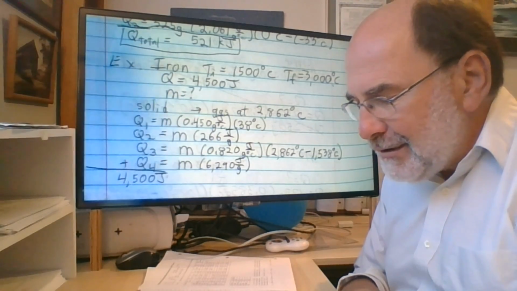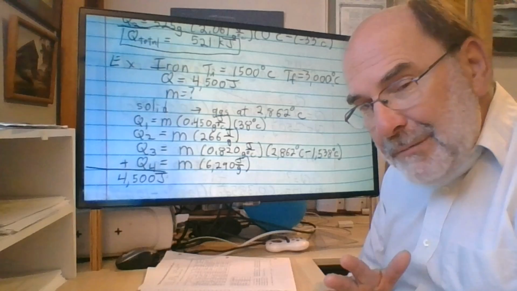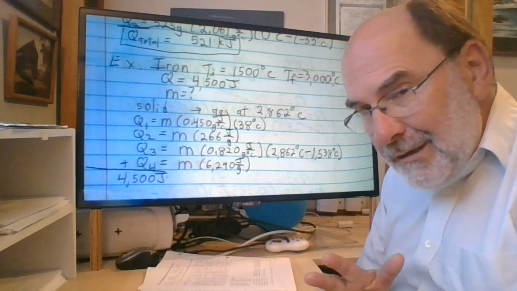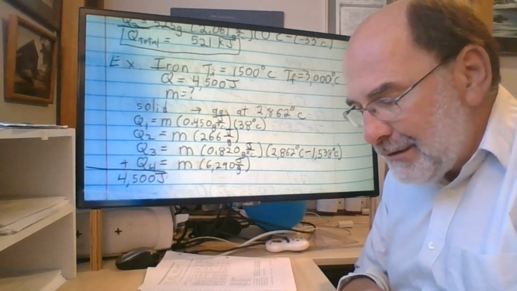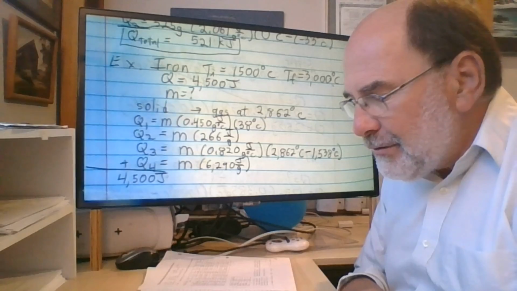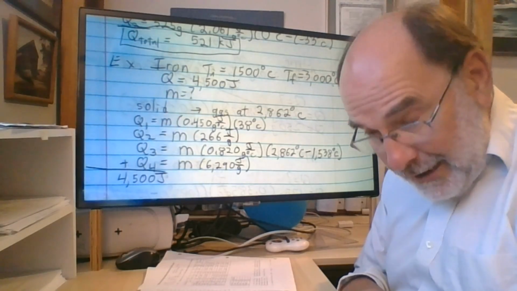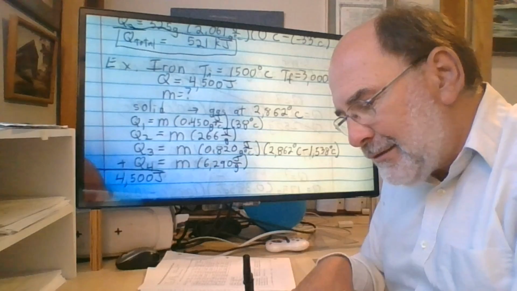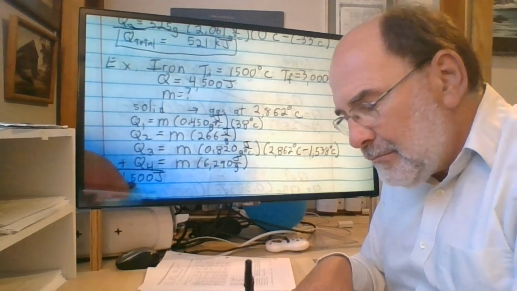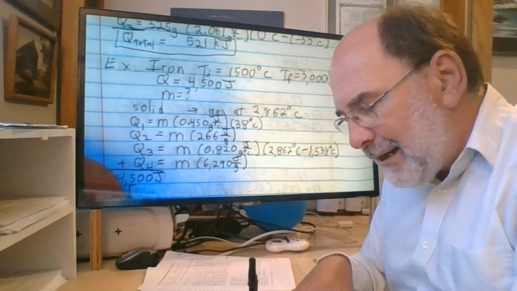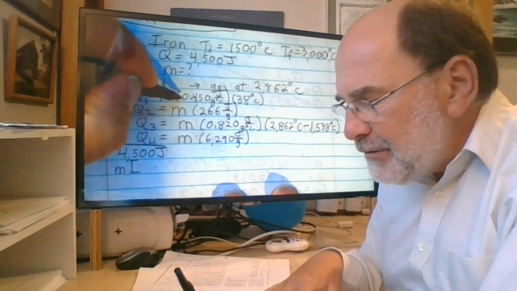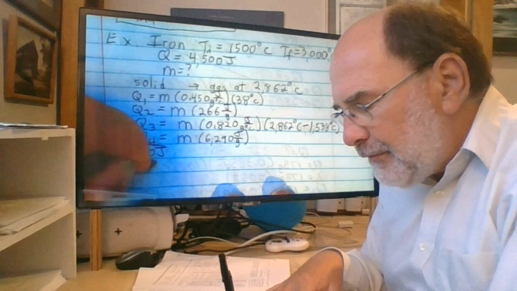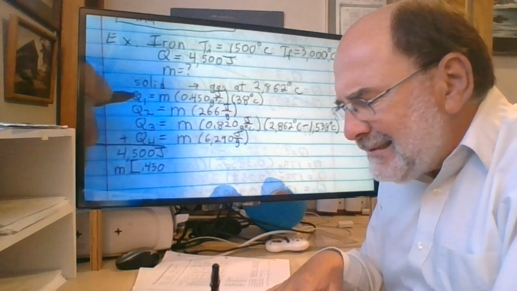So you look at this, and it might be a little intimidating, but there's only one unknown, and this is a math 1 type problem. Solve for m. It's the only unknown. So what you can do is factor out the mass and say m times, in square brackets, open square bracket. The first one is 0.450.